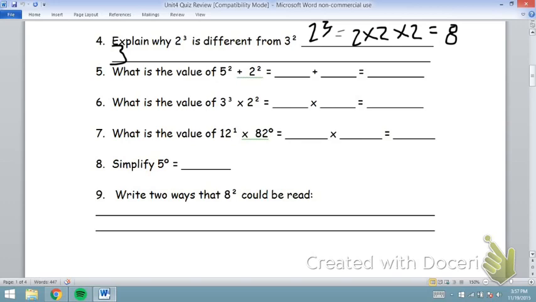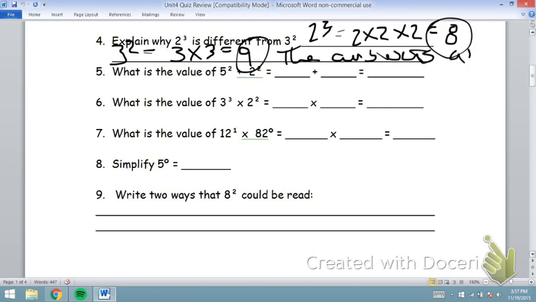And if you simplified 3 squared, or wrote it out with repeated multiplication, it would be 3 times 3, which would give you an answer of 9. So these two are different in that they give you different answers. That could be your answer. The answers are different.